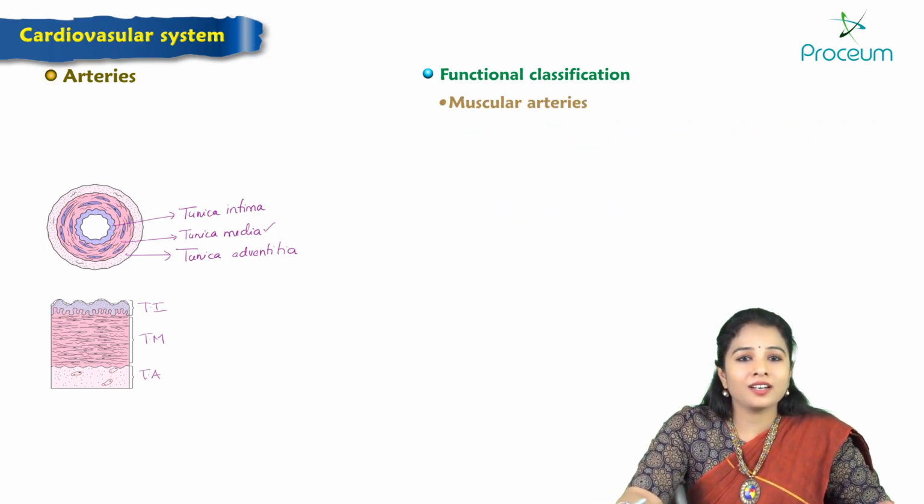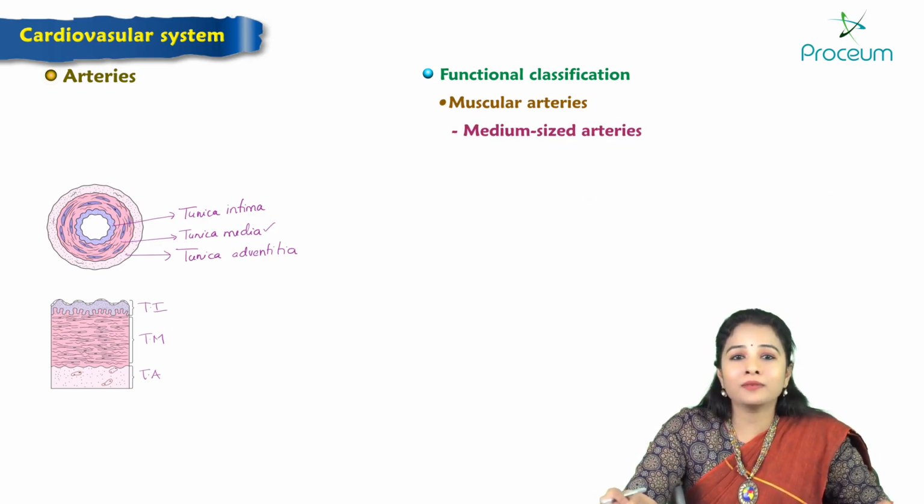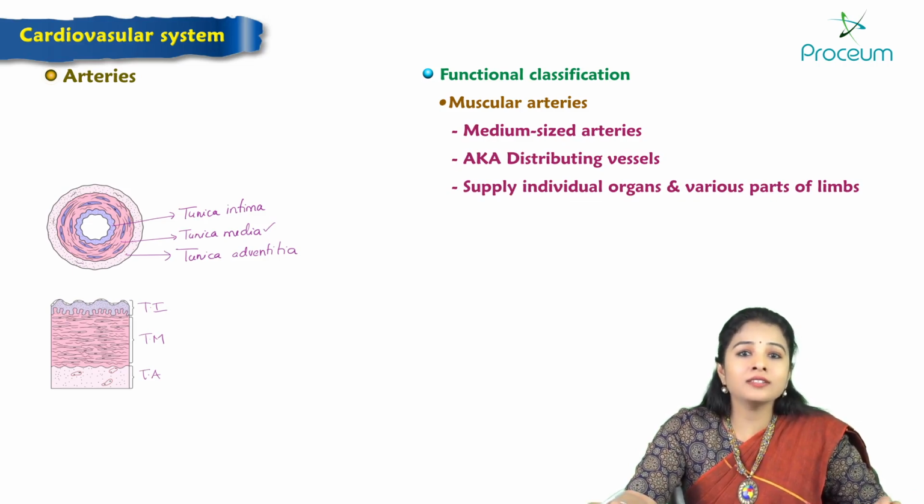Next, the muscular arteries. Muscular arteries, as I said, are medium sized arteries. They are also called distributing vessels, and these medium sized arteries supply individual organs and various parts of the limbs.